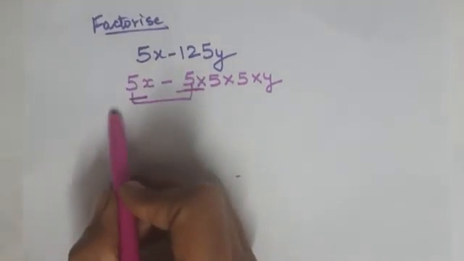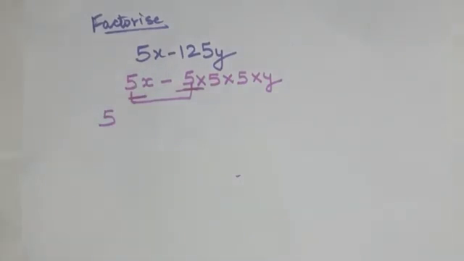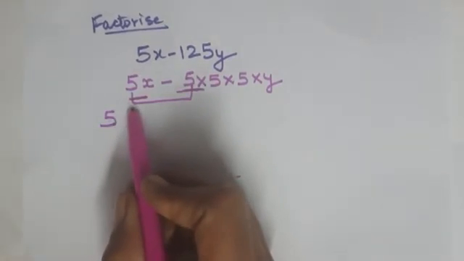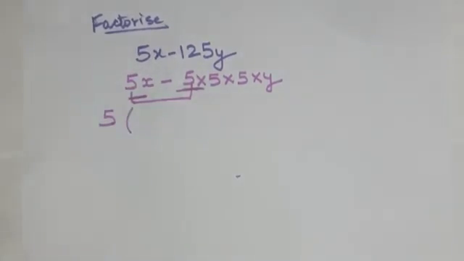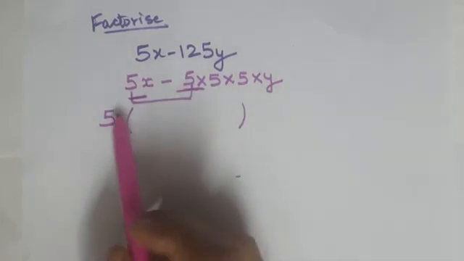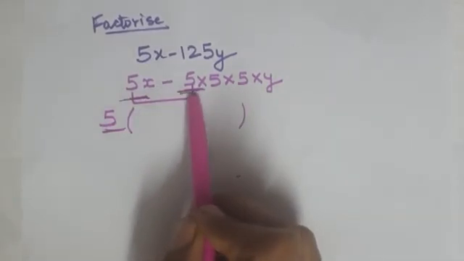So can I take 5 as common? Common means I am just keeping it outside the bracket, and inside the bracket I will write all those terms which are left after taking common. So now 5 is taken common from here and from here also.